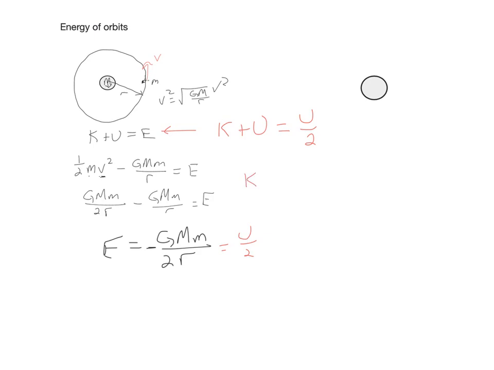So if we move this over to there, we get that the kinetic is equal to negative U over 2. Or stated another way, that the total energy is equal to the negative of the kinetic energy.